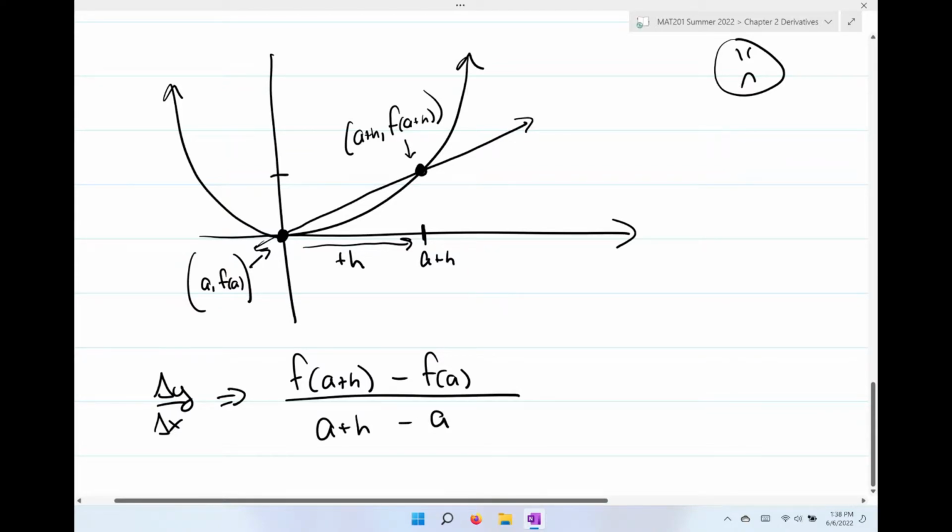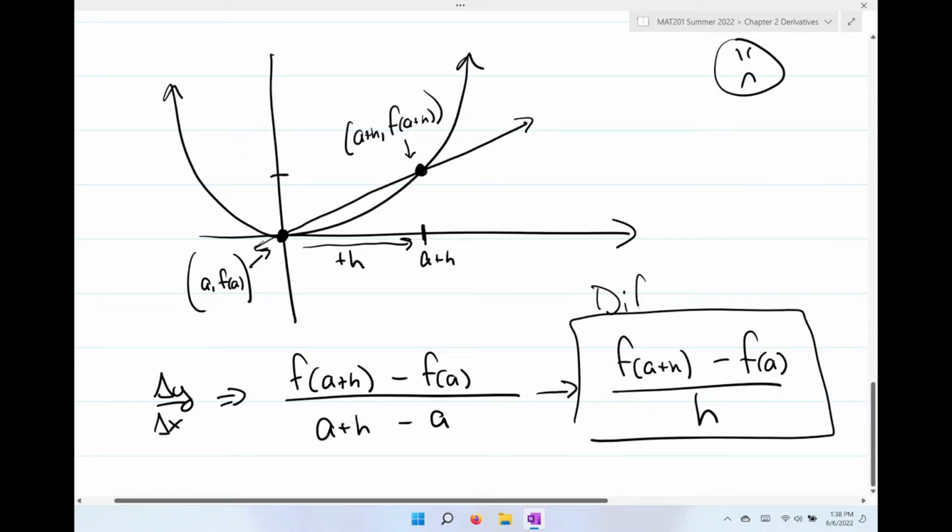And if you notice, I can do just a little simplification in my denominator, and I get f of a plus h minus f of a all over h. Hence, the difference quotient. That's a very famous ratio that we have here. So yeah, the difference quotient is unbelievably important for us.